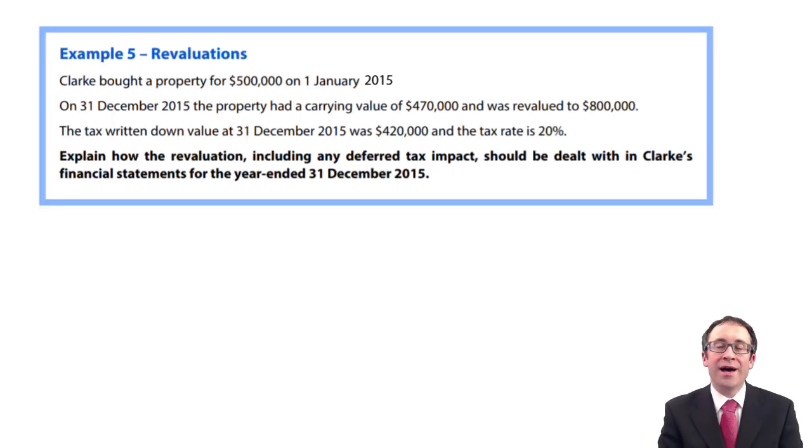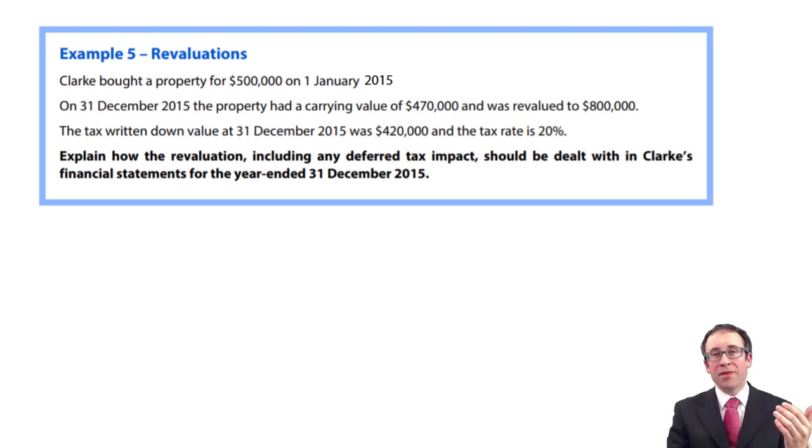So let's go through and have a look at how a revaluation of property, plant and equipment impacts our deferred tax calculations. Because what's going to happen is that we are going to revalue an asset under normal property, plant and equipment rules.